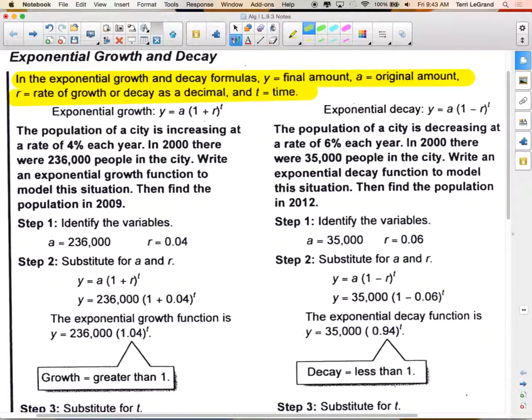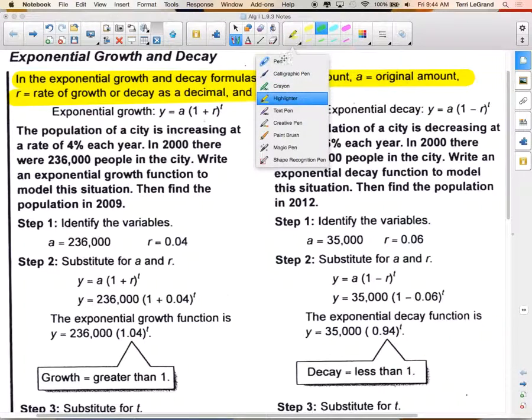So in this one, it would be 1 plus whatever the percentage of growth or decay is as a decimal, and then we would have our 1 point something, or it would be less than 1. And t equals time. Remember I said sometimes the x value in the exponent is a t instead of an x.